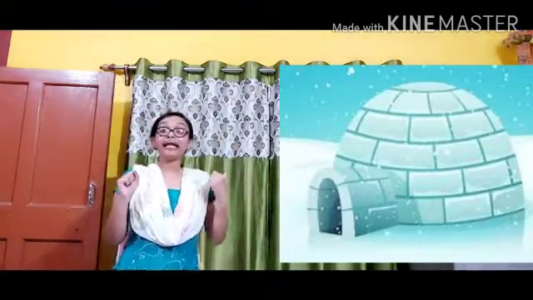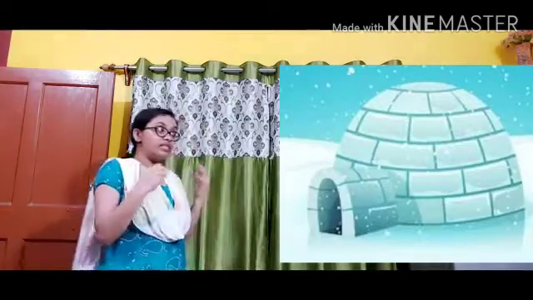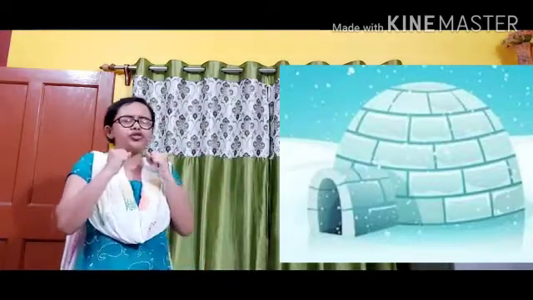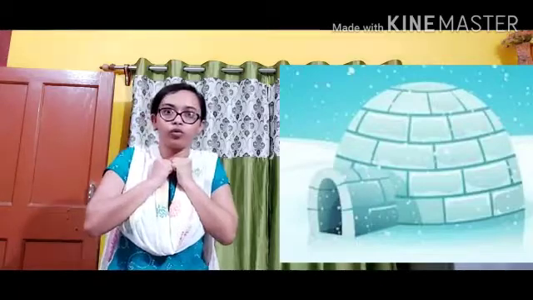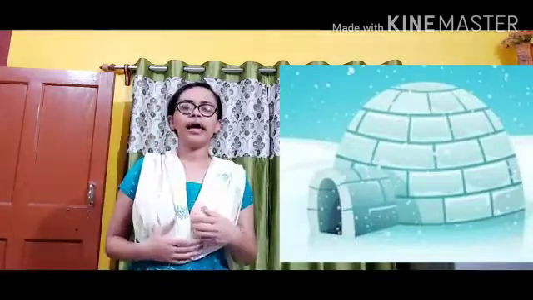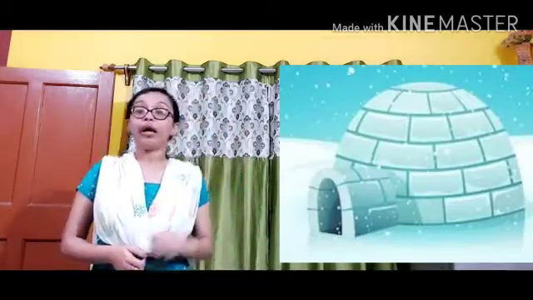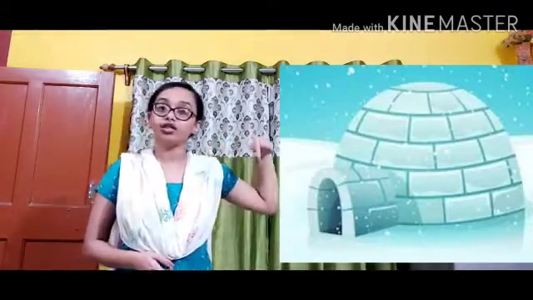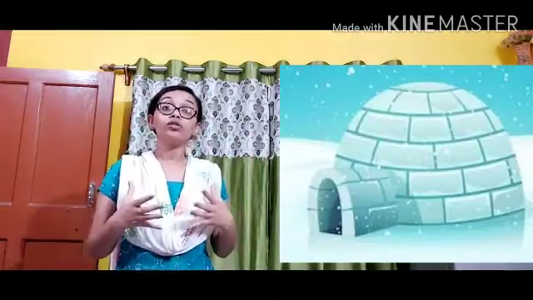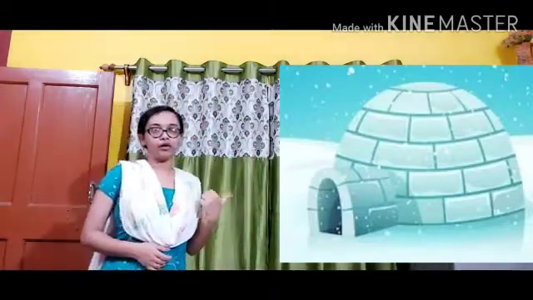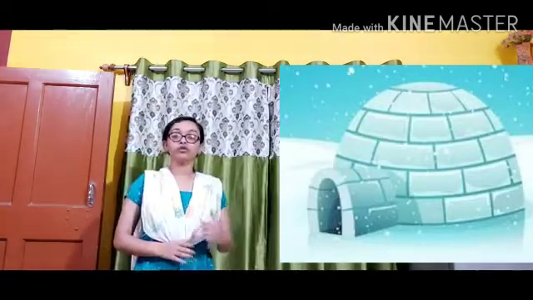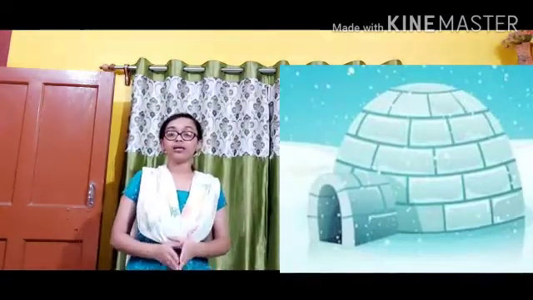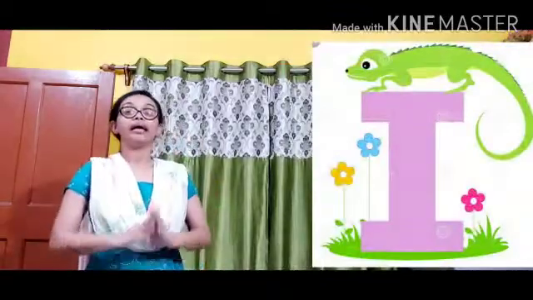This is an igloo. We see these kinds of houses in extremely cold places. Now I have a small homework for you. Please write down in the comment section below who stays inside this igloo. This igloo starts with I. E, igloo.